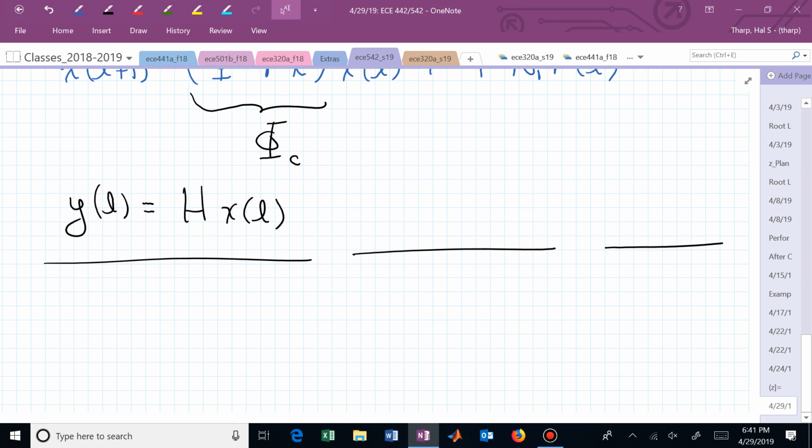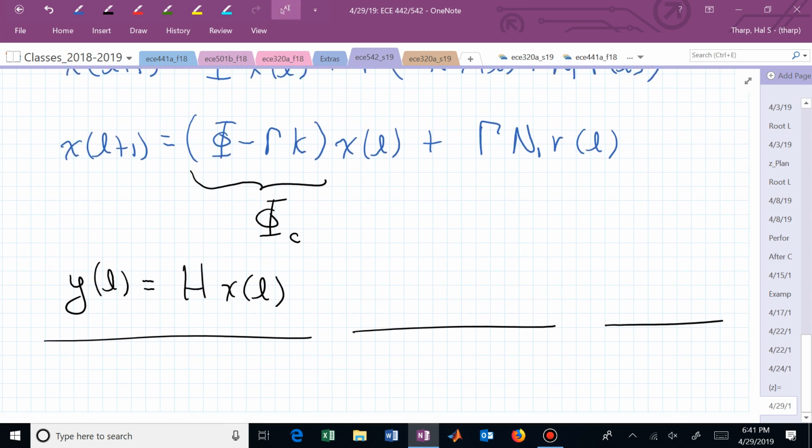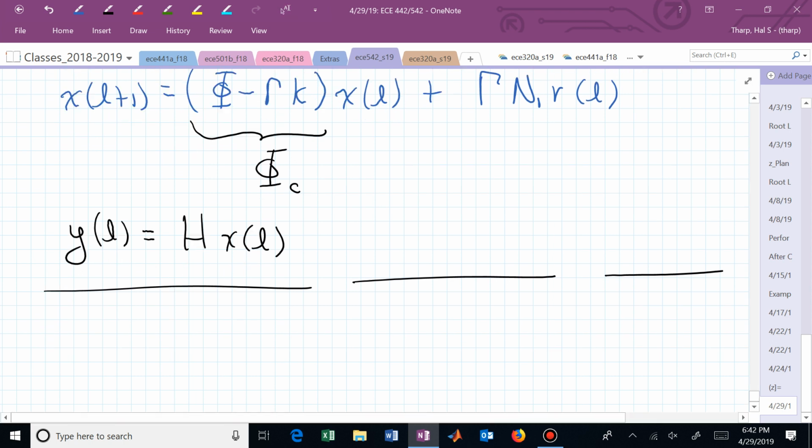We want n sub 1 to be scaled so that if I inject 4 as a constant into my reference input, Y comes out as a 4. That's where we're going.